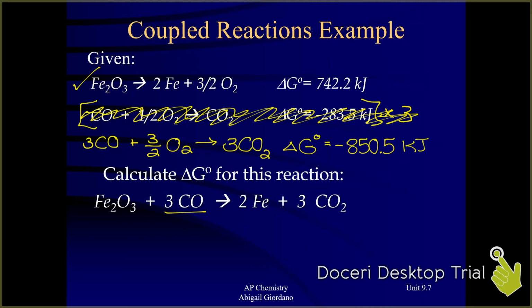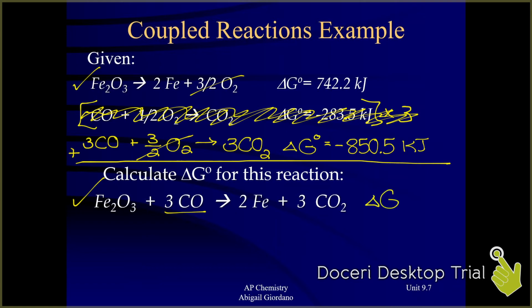The process now is to add these two equations together. I can see that the 3/2 O2 is going to cancel out. Is there anything else we can cancel out? Doesn't look like it. That leaves me with the overall reaction that I wanted. When we add those delta G values together, overall I get negative 108.3 kilojoules.